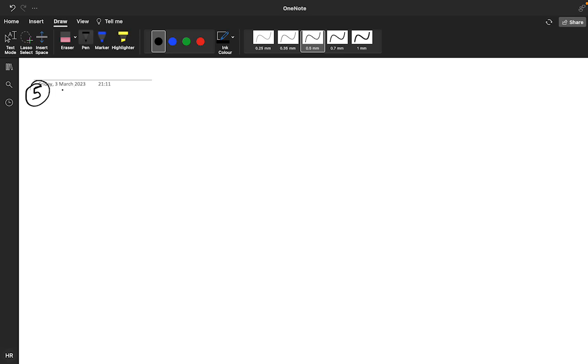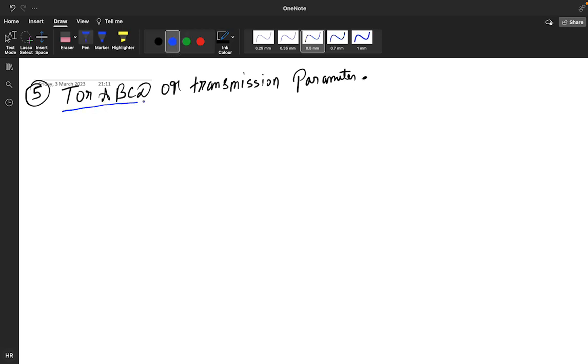This is the T parameter, or we can say it as the ABCD or transmission parameter. Put the heading transmission parameter.